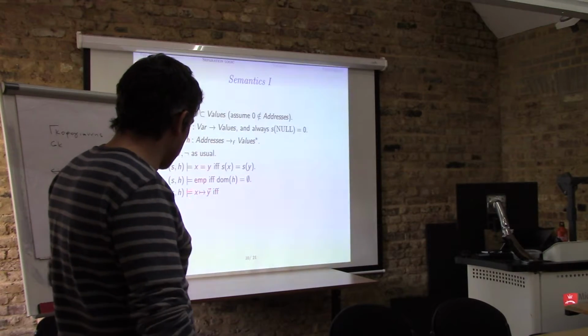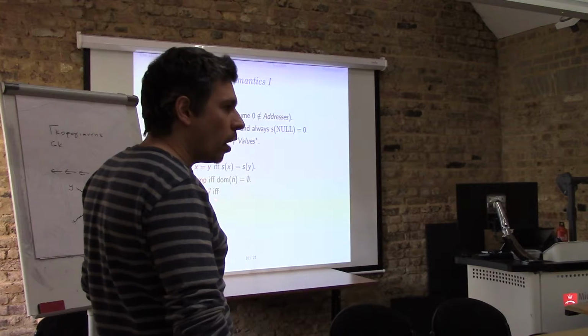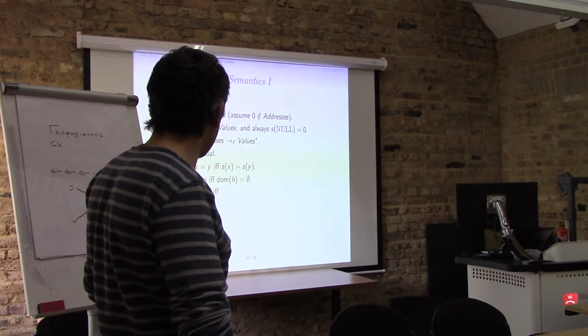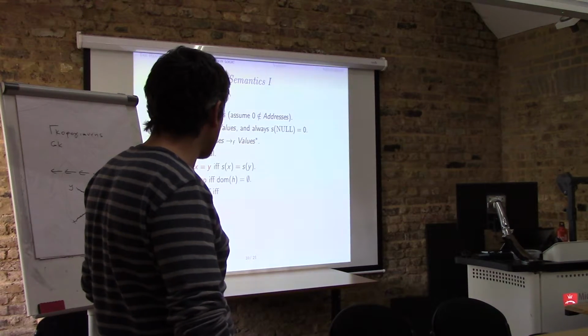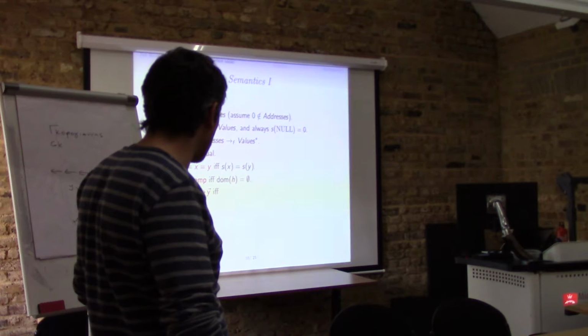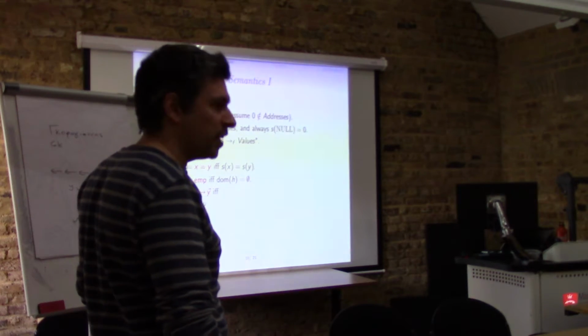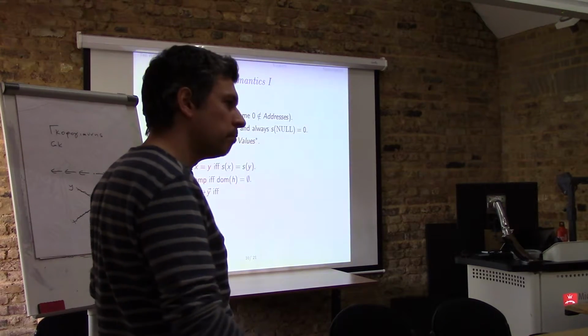Now, here comes the first interesting bit. So x points to the tuple y if the interpretation of x is some value u, and the interpretation of the tuple y is some tuple v. These are all values.